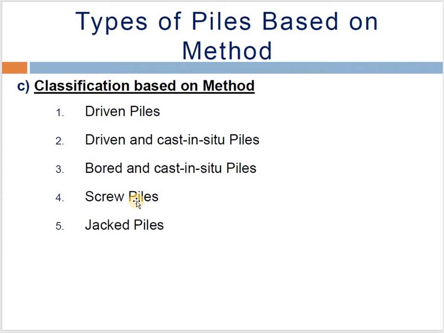Bored cast in situ means you remove the soil with the help of an auger for a particular diameter and depth, and then you install the reinforcement caging, then you fill the concrete. That is bored cast in situ. The entire process is on the site itself. Then comes the screw pile and jack pile. So in this module we are more concentrating on driven piles and bored piles. How will you design the driven pile as well as the bored pile?